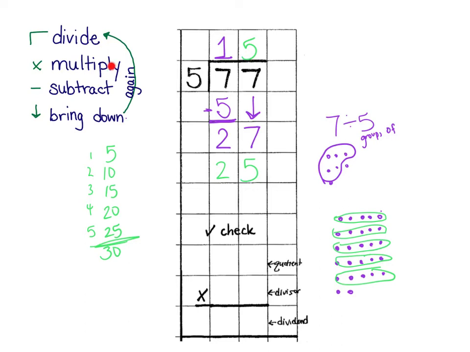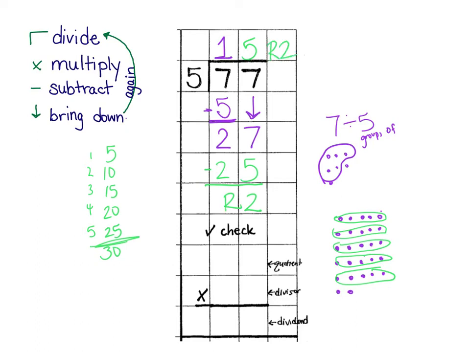And after we multiply, we subtract. Now we subtract 27 minus 25. 7 minus 5 is 2. Okay, we cannot bring down. There's nothing more to bring down, so now we have a remainder of 2.